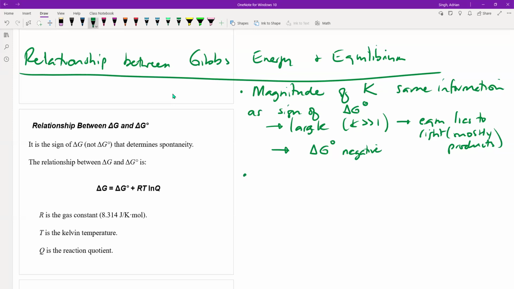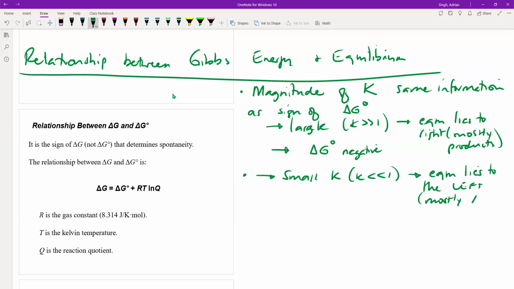And what this also means is, if we have a small K value, a lot less than 1, that tells us that the numerator is small and the denominator is large in our K expression. That means that equilibrium is going to lie to the left. On the left side, we have mostly reactants.